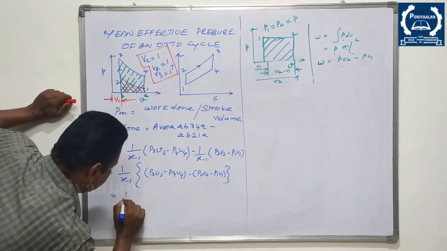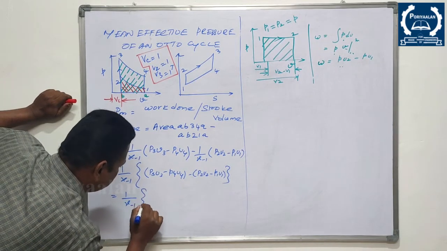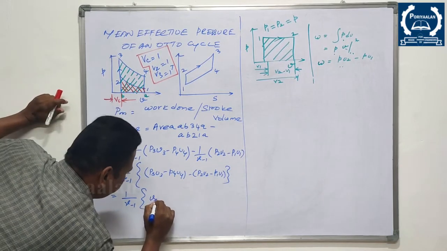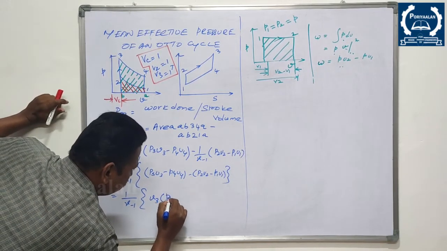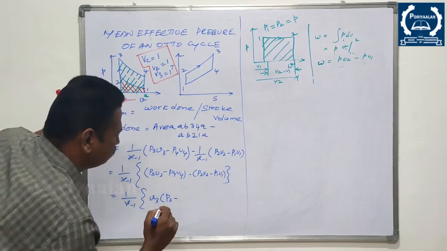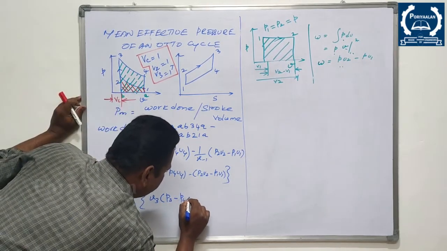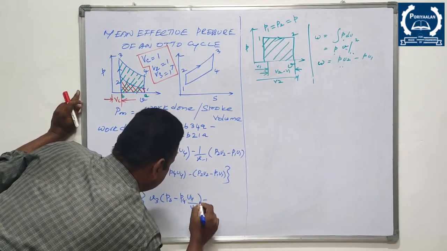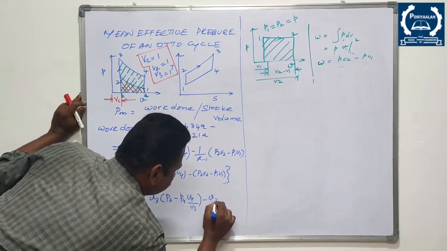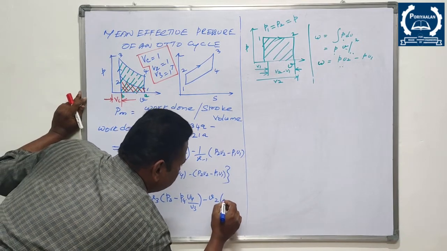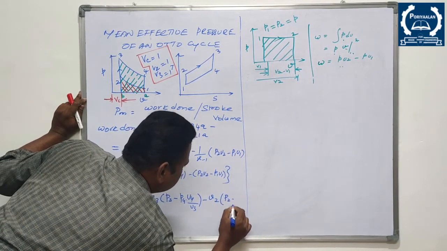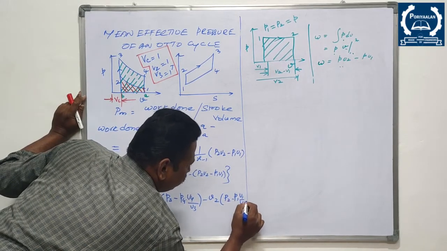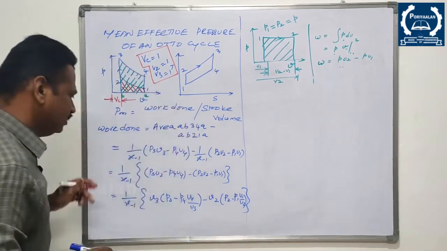So in the next step, 1 by gamma minus 1 multiplied with V3 I am taking outside from these two factors. V3 can be taken outside. P3 minus P4 into V4 by V3, minus, from here I can take V2 outside. V2 multiplied with P2 minus P1 into V1 by V2, right?